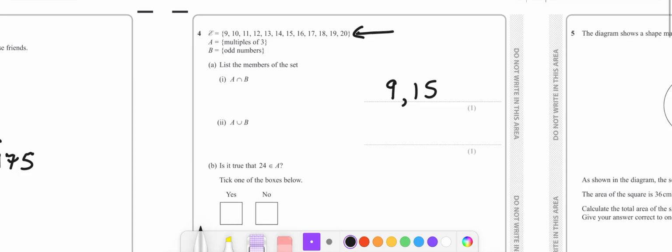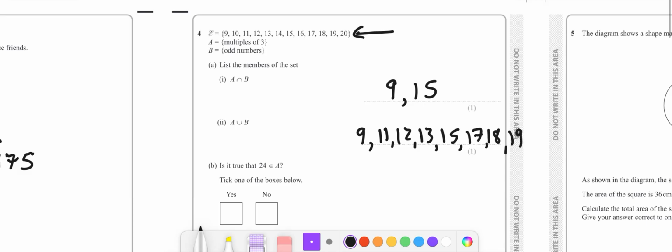Okay, the union, A union B means all the odd numbers and all the multiples of 3 and all the things that are both. So that's a longer list. 9, 10 isn't, 11, 12, 13, 15, 17, 18, 19.